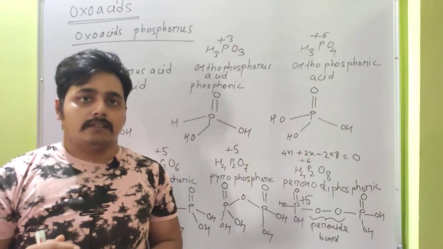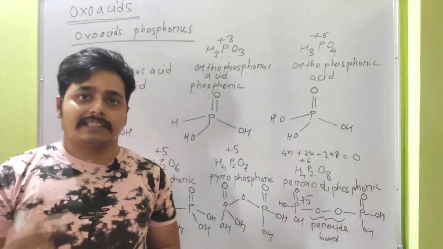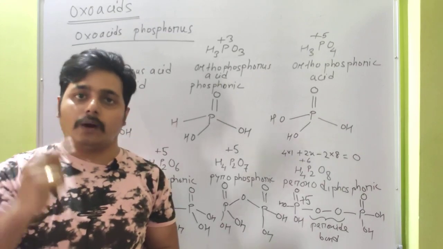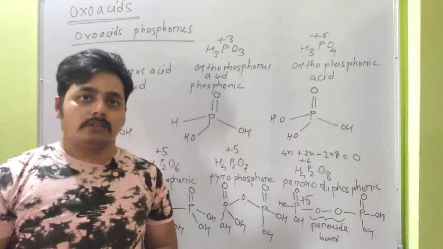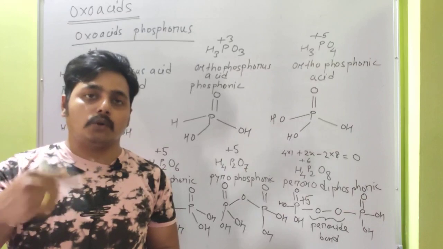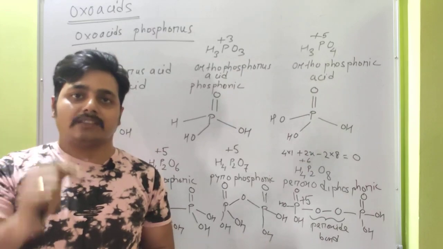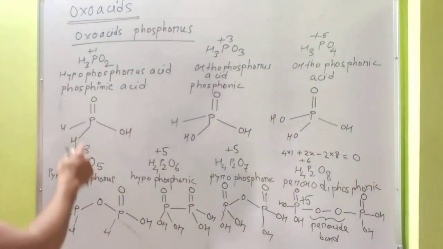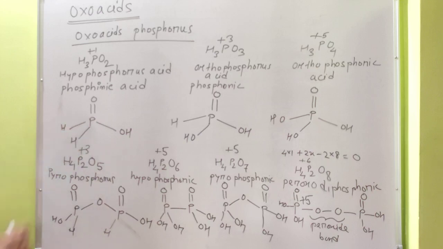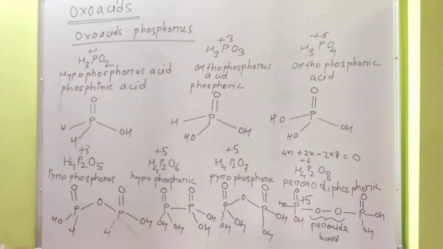If any atom is linked to another atom which is more electronegative, then that element gets +1 for one bond, +2 for 2 bonds, +3 for 3 bonds, depending on the number of bonds linked to the more electronegative element. If the element is less electronegative, then it gets -1 for 1 bond. Look at this. In this case, phosphorus is linked to 2 oxygen by 3 bonds, so +3.